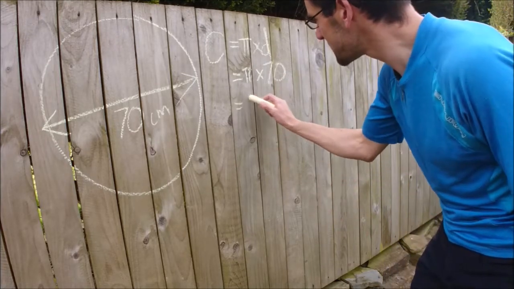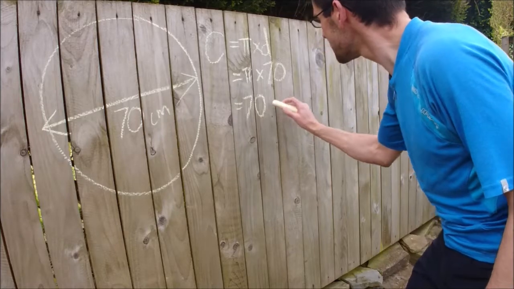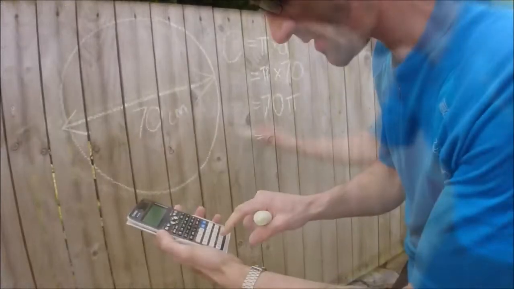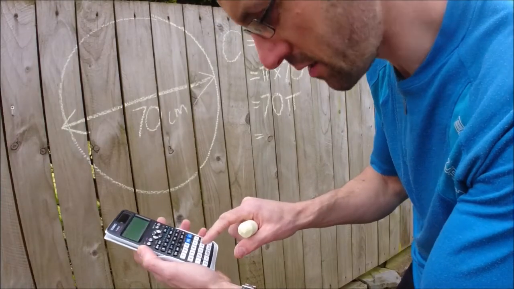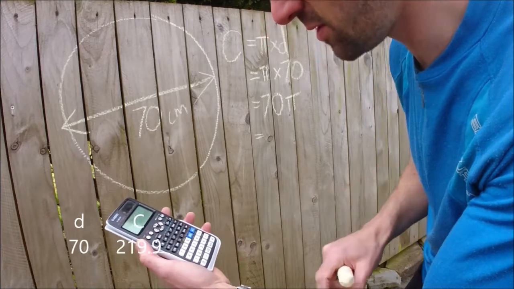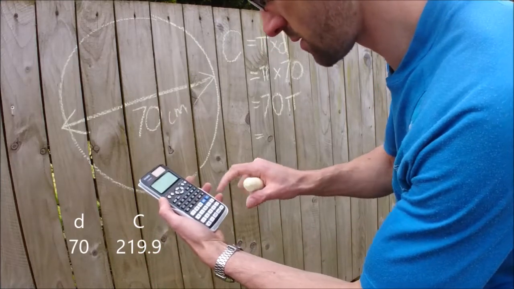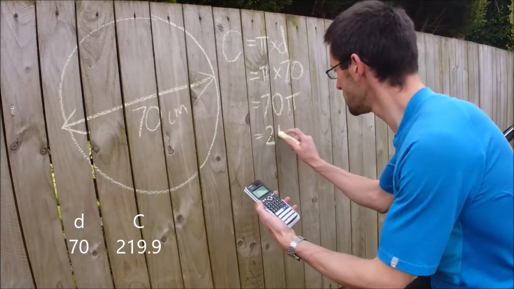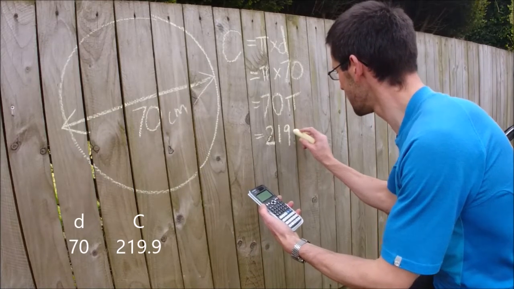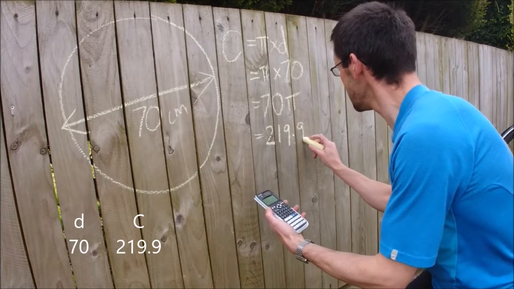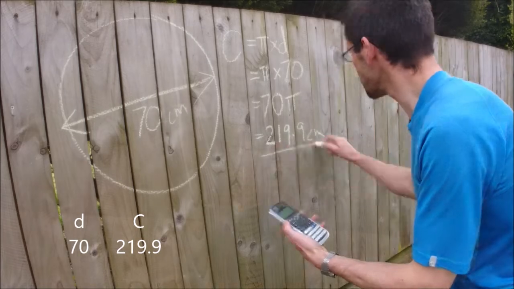We could write that simply as 70 pi, 70 times 3.142, 219.9 centimetres. So I've worked out the circumference of the wheel.